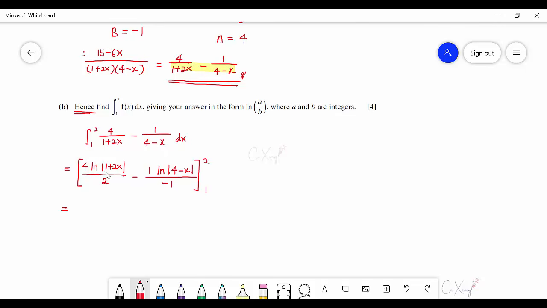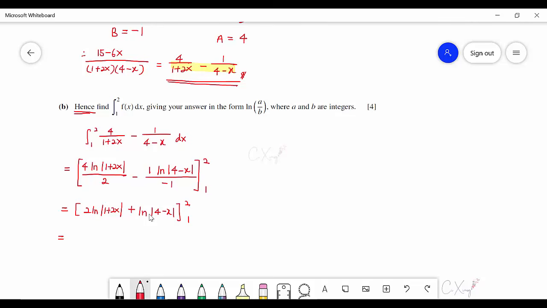Okay, so usually I would prefer to simplify everything first before I substitute the value. So for the first term, after I simplify, I will get 2 ln of 1 plus 2x. And for this part, I will have plus ln of 4 minus x. The limits are 2 and 1. So first, I substitute the value 2 into both terms here.